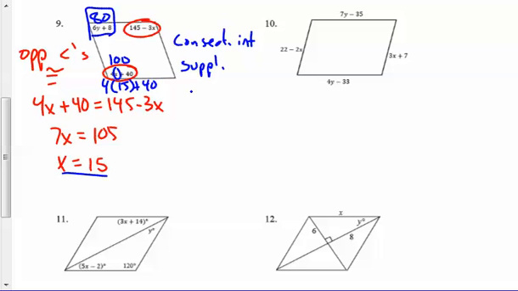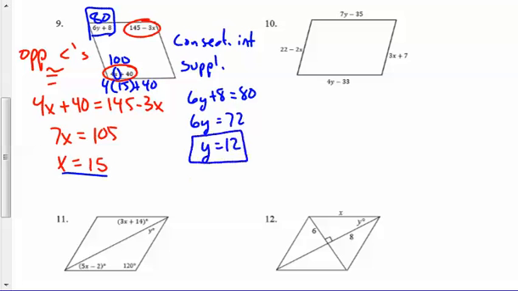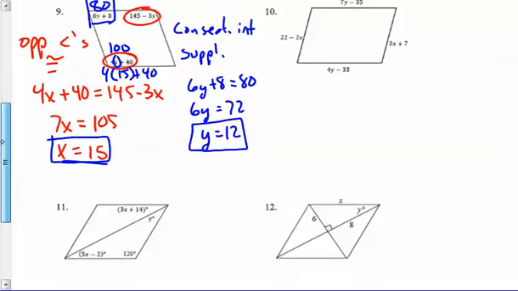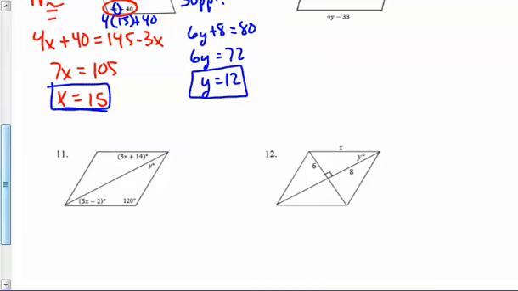So 6y plus 8 has to equal 80. 6y has to equal 72, so y has to equal 12, and now I have solved for both x and y. Alright?